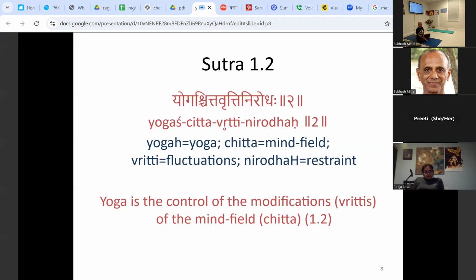Is that true? Yes, the mind is always active. Something or the other is going on in the mind. But what this text says is that the ability to subdue that constant chatter, make it minimal, that's yoga.